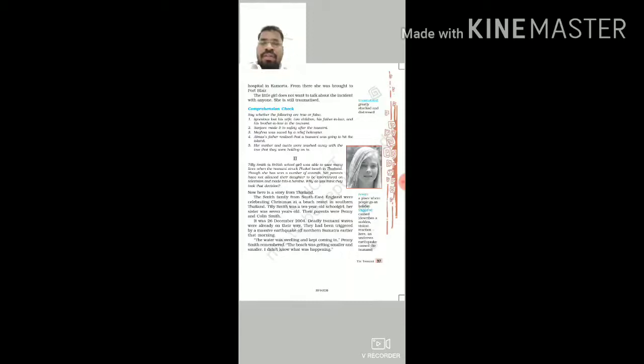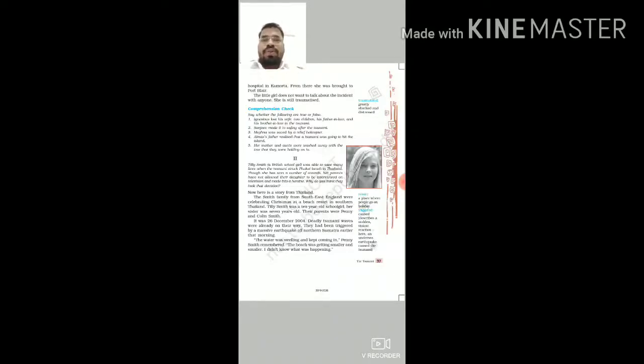The little girl does not want to talk about the incident with anyone. She is still traumatized, greatly shocked. A 10-year-old girl, she saw that her dad was swept away along with her grandfather, and her mother along with her aunt. Everyone, she saw. She is the witness of the destruction.